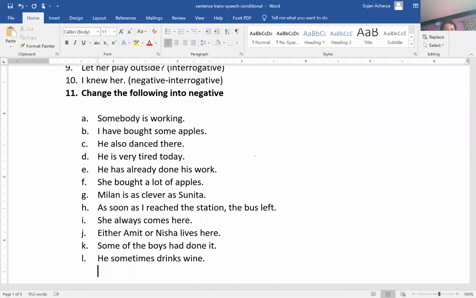Question number 11 from A to I. Most probably, most of the time, the questions will be asked from among these similar kinds of questions in sentence transformation.